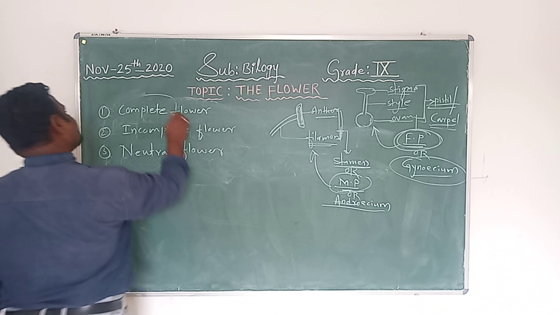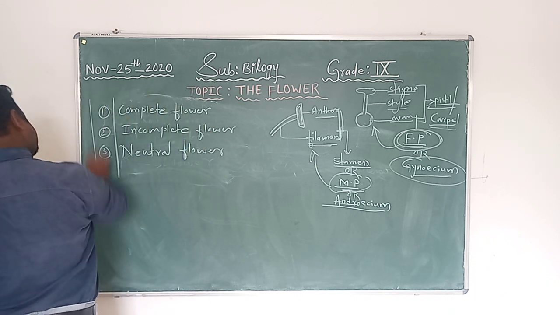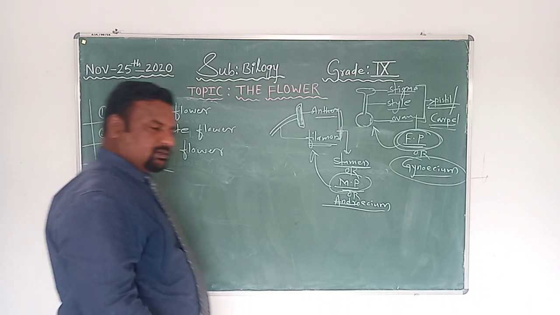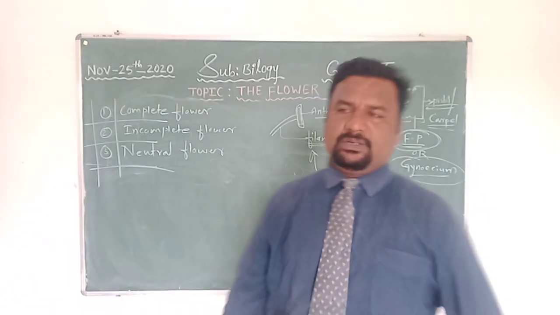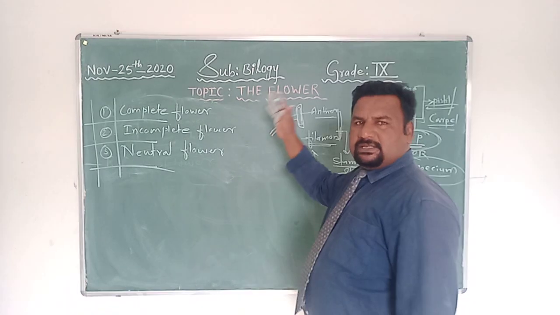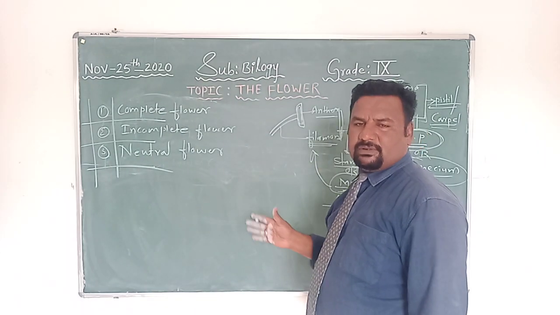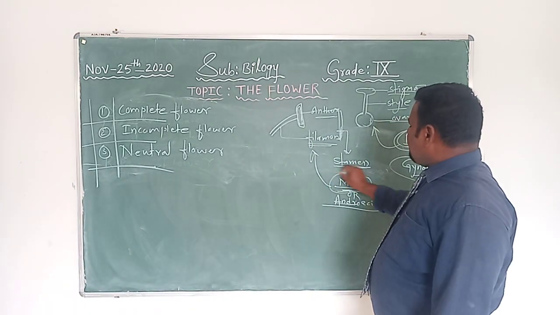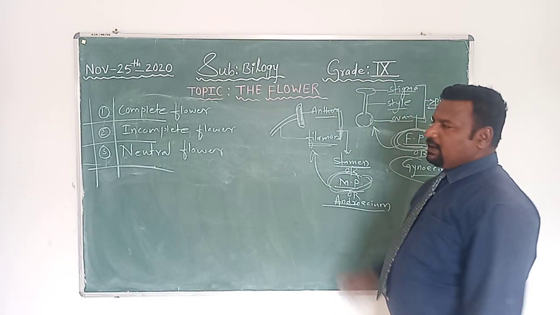So children, these are the further three divisions, three types among the flower. How are they made? These three further types among flowers are made on the basis of presence and absence of this male part and female part.